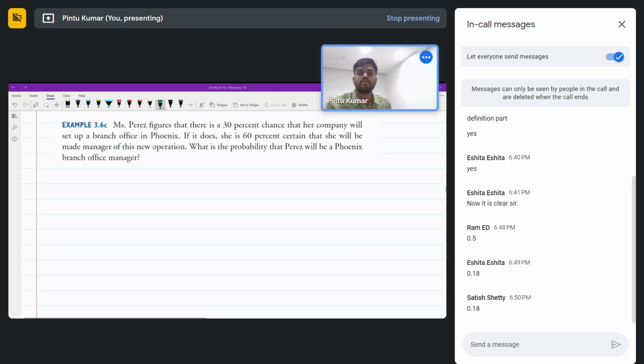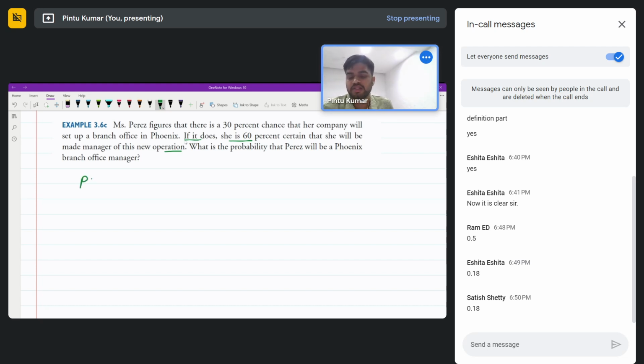Okay, so here also we have two events. The question says Miss Perez figures that there is a 30% chance that her company will set up a branch in Phoenix. If it does set up, she is 60% certain that she will be made manager of this new operation. What is the probability that Perez will be a Phoenix branch office manager? So there are two events.